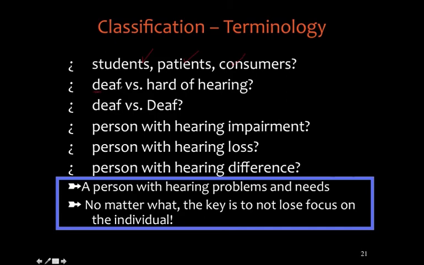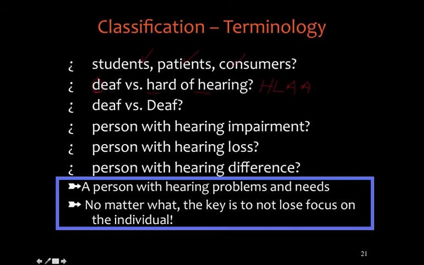We could call them deaf or hard of hearing. Now, this major distinction is utilized by the Hearing Loss Association of America. So HLAA, and that link that I gave you, hearingloss.org, these are the two terms that they use. They use small d deaf and hard of hearing.